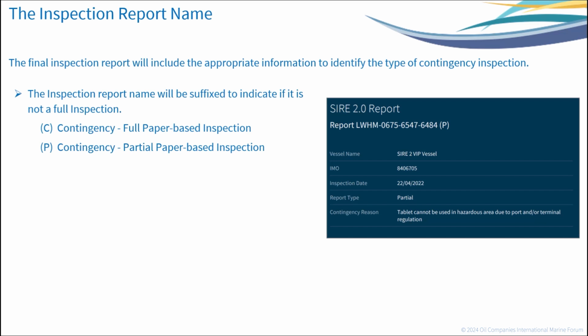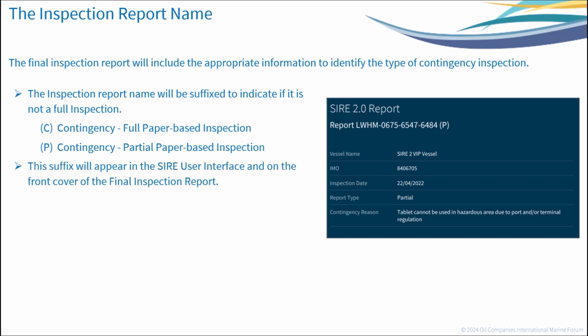P, where the report is based on a partial paper-based contingency inspection. I, incomplete inspection, where an inspection has been terminated. D, disabled camera, where the camera was disabled for the inspection. The suffix will appear in the SIRE user interface and on the front cover of the final inspection report, wherever the report name appears.